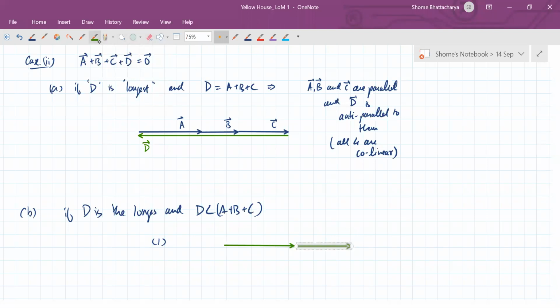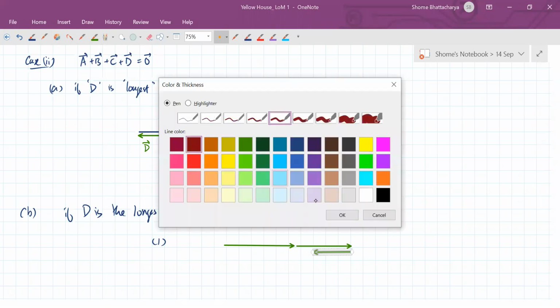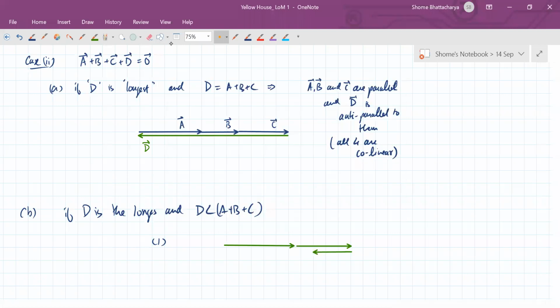But now C is like this. Okay. And D is like this. ऐसा हो सकता है. Okay. Can be. Not necessary, but can be.